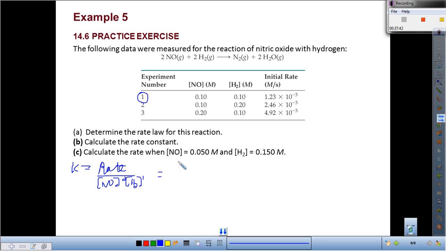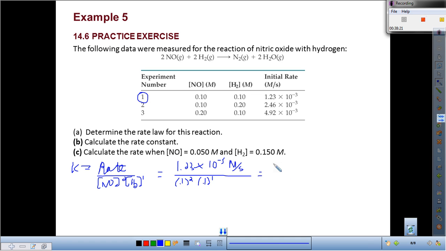So I'm going to plug in my numbers: 1.23 times 10 to the negative 3 molar per second, divided by, and in the first one I have 0.1 squared times 0.1 to the 1.